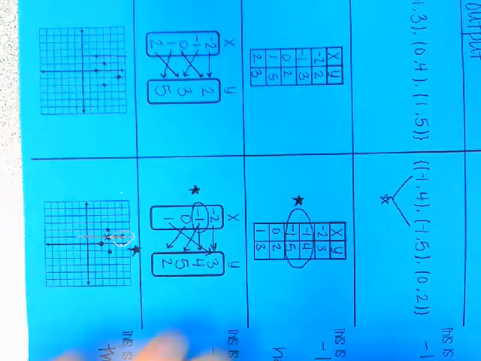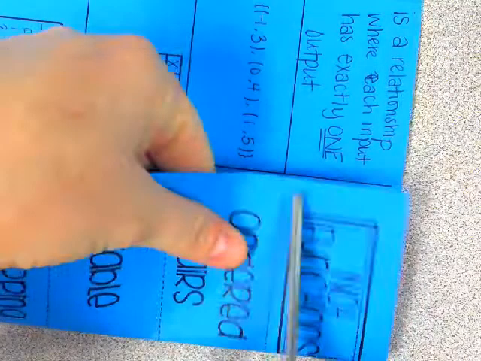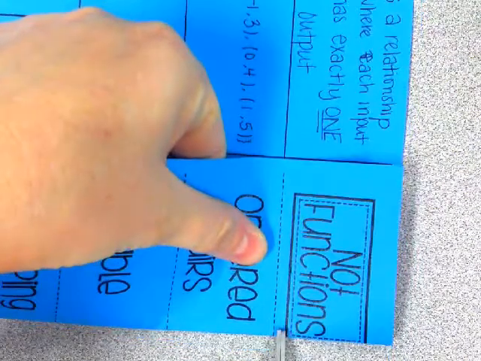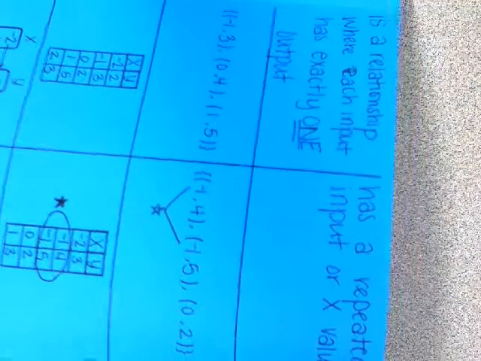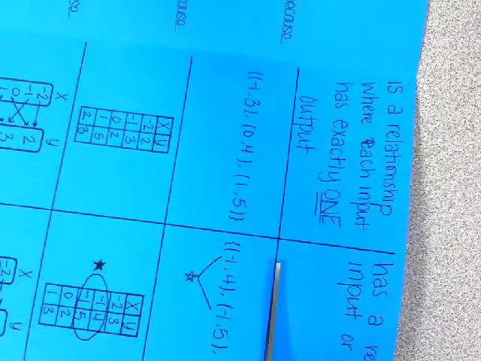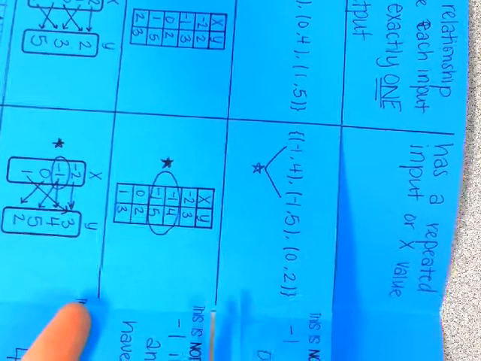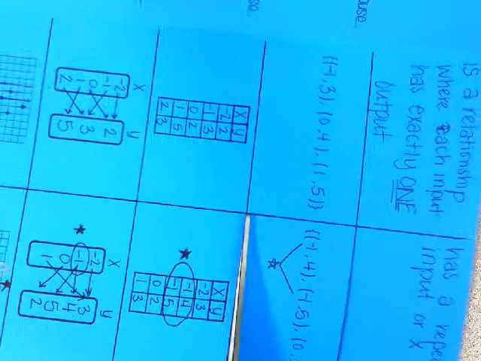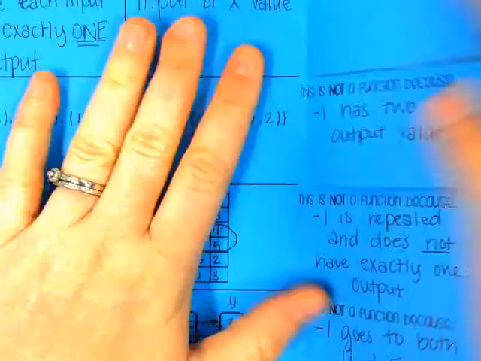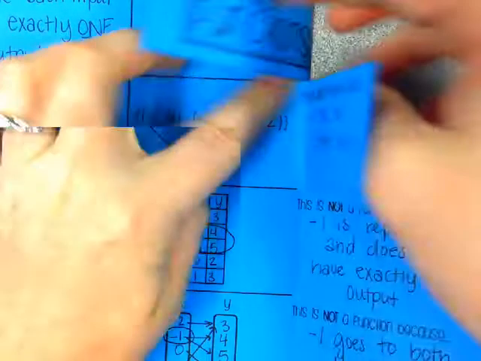Okay, now, in order to finish your foldable, you are going to cut, notice this dotted line right here, you're going to cut those so that it makes it a flap. So I'm just cutting along those dotted lines. Oops, actually I'm just supposed to cut along this dotted line, not those.